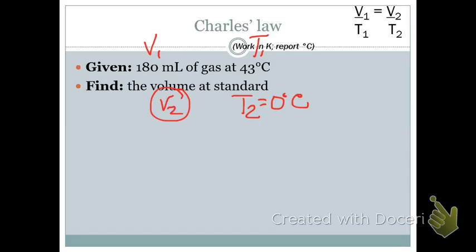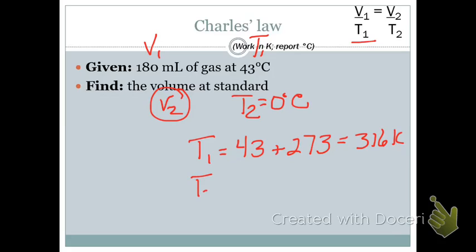I have to fix my temperatures. So T1 is going to be 43 plus 273, which gives me 316 K. That's what's going to go here. T2 is 0 plus 273, which is equal to 273 K, which goes here.